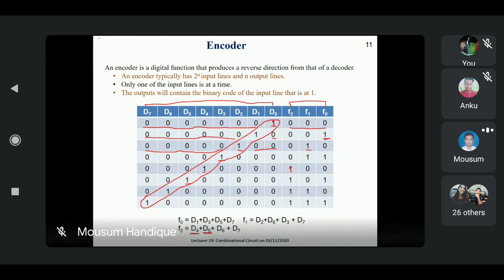Next one is D6. And the last one, D7, is active. So F2, the output lines, is the combination of D4, D5, D6, D7, because the outputs contain the binary code of the input lines. And similarly, we can find F1, and similarly, we can find F0.